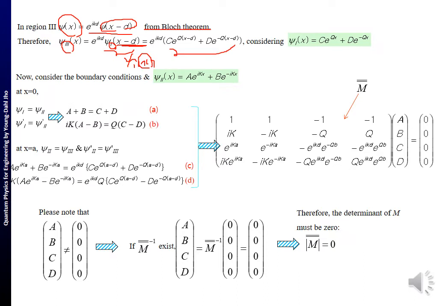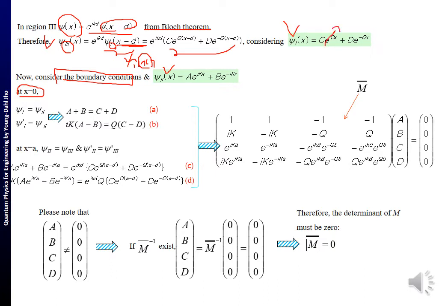So we have region 1, region 2, and region 3, three different wave functions. And now we consider the boundary conditions. At x equals 0, psi 1 and psi 2 should be the same. At x equals 0, the exponential functions all become 1.